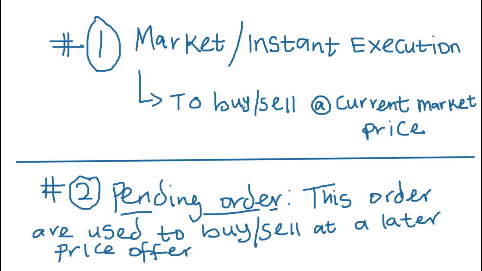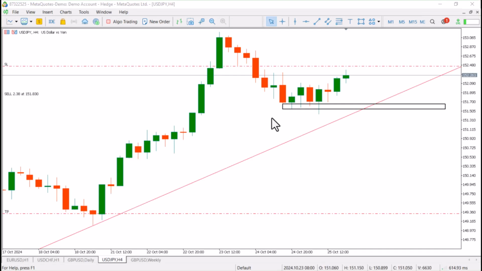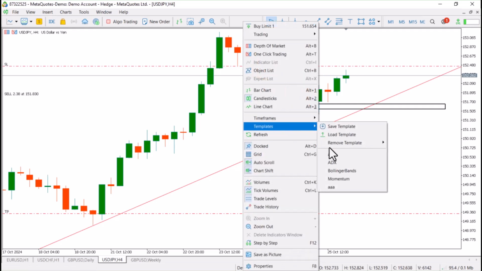All right, now let's get to our price chart. Let's say, for instance, on this price chart here, we want to buy directly. We are okay with the price at which USD JPY is currently being traded. Let's remove everything on this price chart.